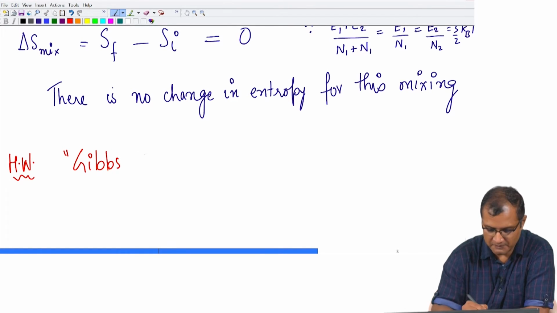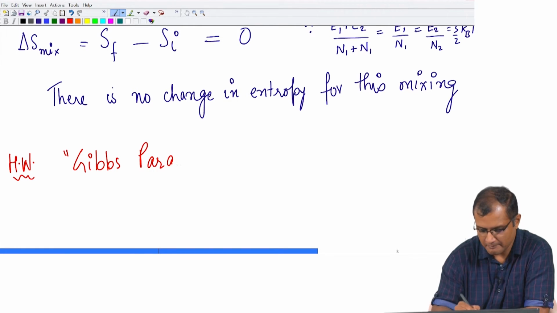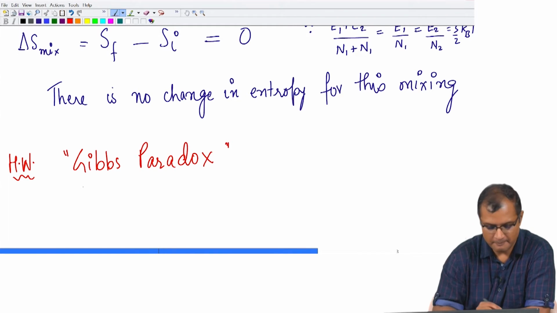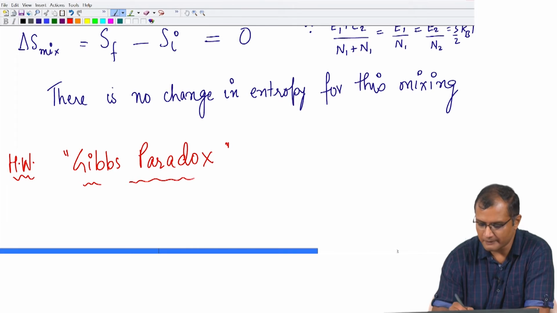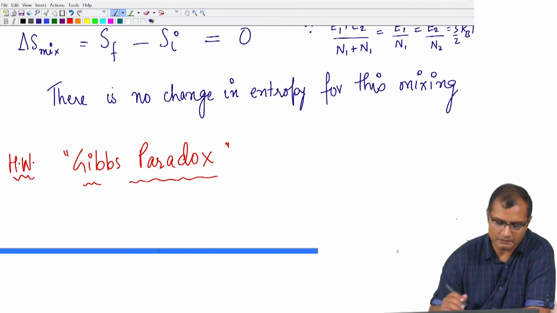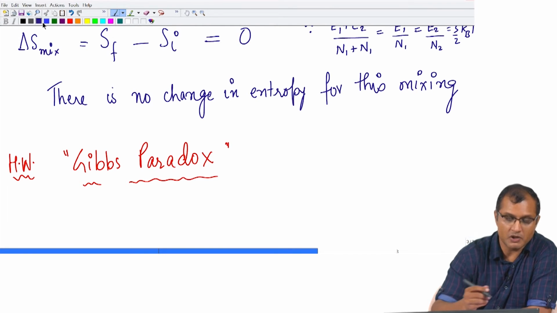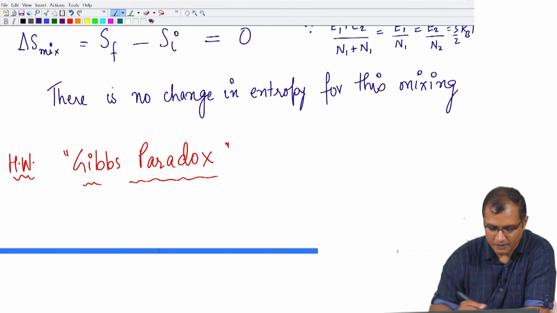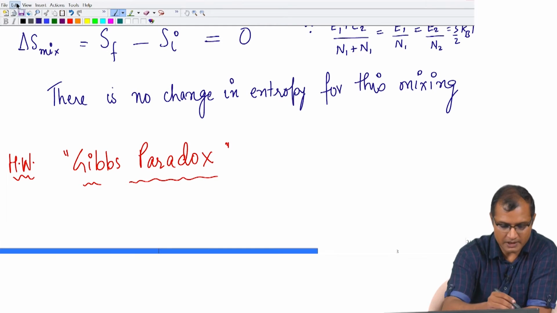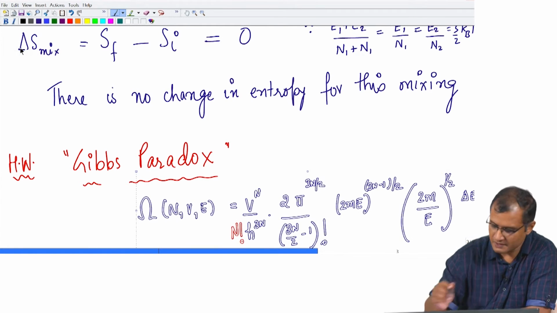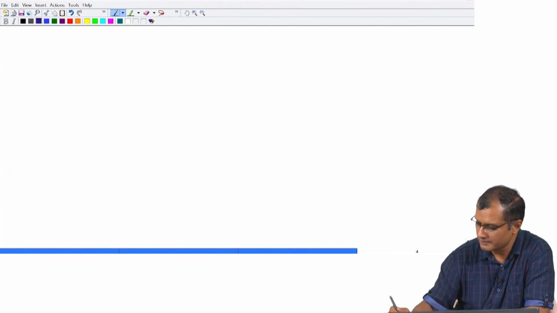So, the problem is in Gibbs paradox. It is a very simple thing to understand. We did not encounter it because we did the calculation correctly, but suppose you were to do this calculation incorrectly, and this is where the Gibbs paradox comes.